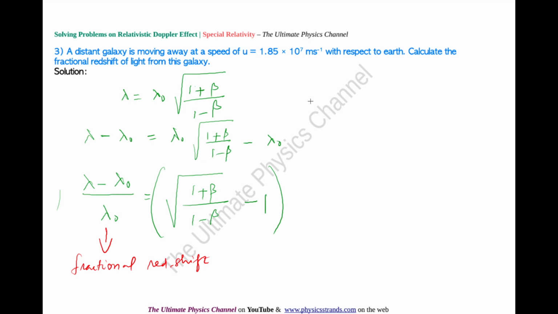So we have to calculate the speed of the galaxy in this particular case. The speed has been given, so we have to calculate the fractional redshift, that is lambda minus lambda naught over lambda naught. That is what we have to directly calculate.